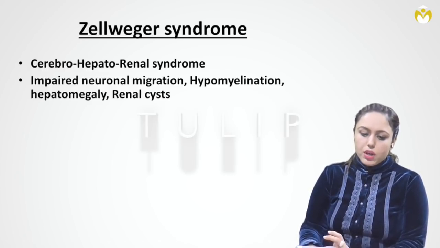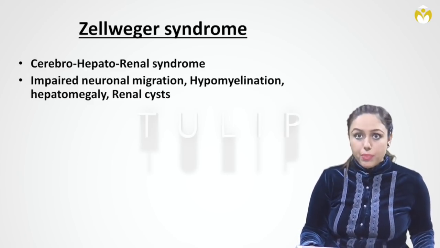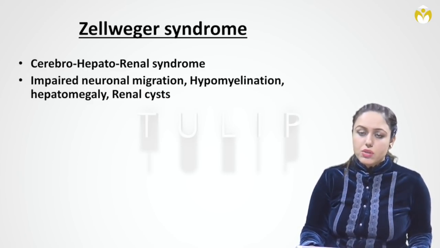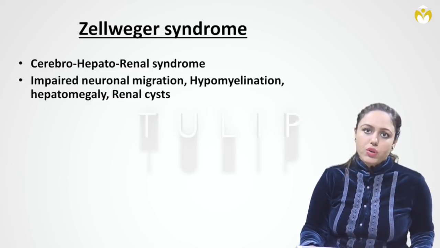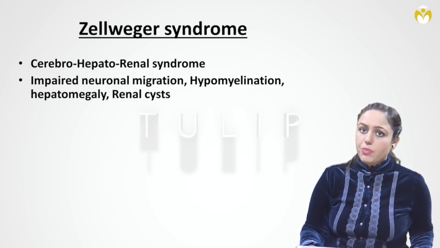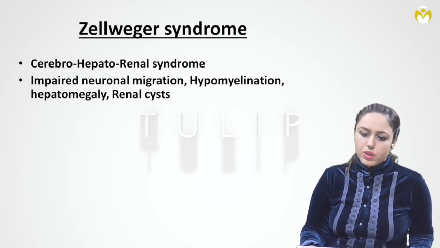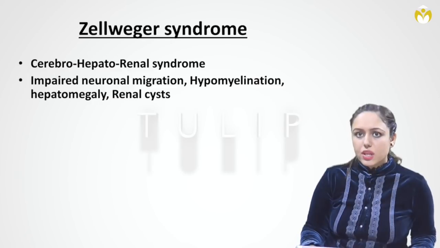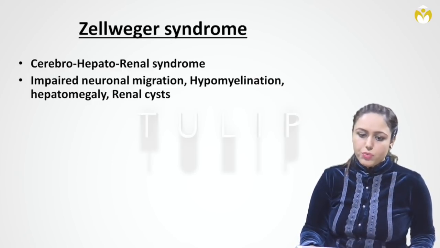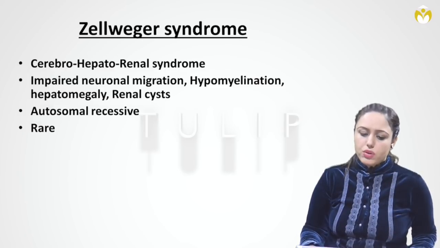cerebro-hepatorenal syndrome. In the brain, hypomyelination and impaired neuronal migration occur, so very severe neuronal damage occurs in these patients. They have a problem in the liver, that is hepatomegaly, and usually renal cysts are found, so that's what is known as cerebro-hepatorenal syndrome. This is a rare autosomal recessive disorder.